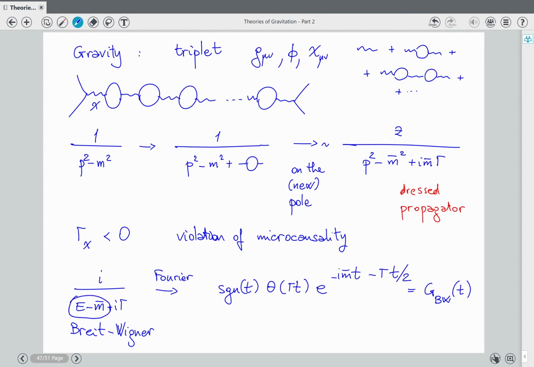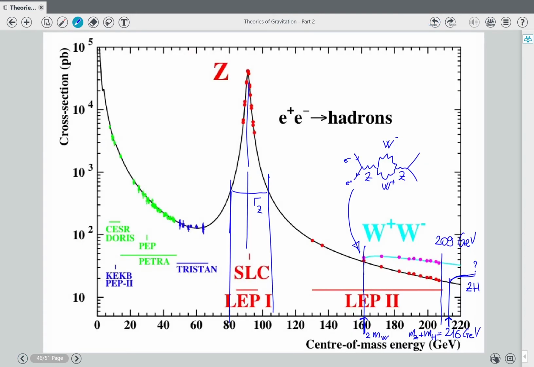When E is equal to m, you have 1 over gamma. So like a delta function, it shrinks and it goes up to infinity. Well, this is not the imaginary part. This is the square modulus, so it will not get to a delta, but the imaginary part will get to a delta.